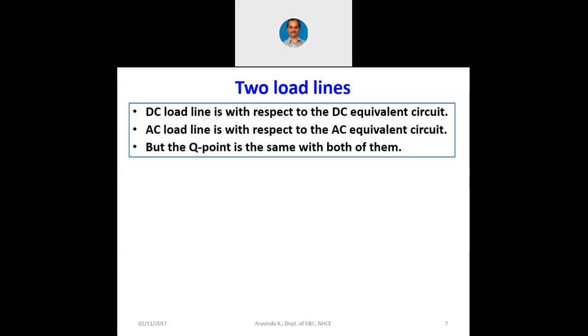We purposefully have amplitude distortion in all other classes except class A. In AB, B and C, we have serious amplitude distortion. Now, when there is amplitude distortion, we want to know about the AC operation of the amplifier itself, up to what extent it can conduct or not conduct. We are going to analyze the amplifier circuit using the AC load line now. Later, when I show you the examples, it will be clearer.